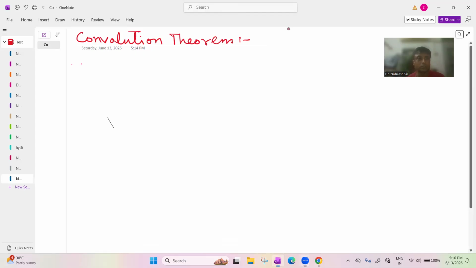Now we will describe the convolution theorem. So what is the convolution theorem?